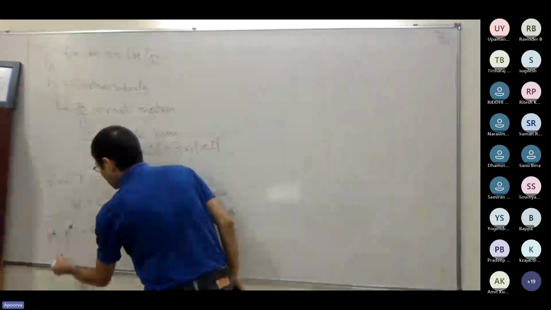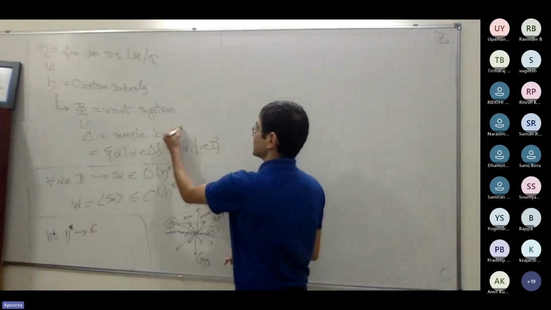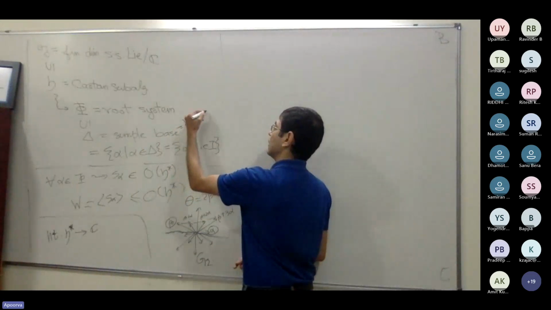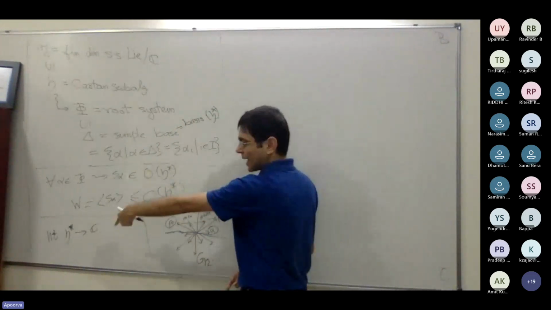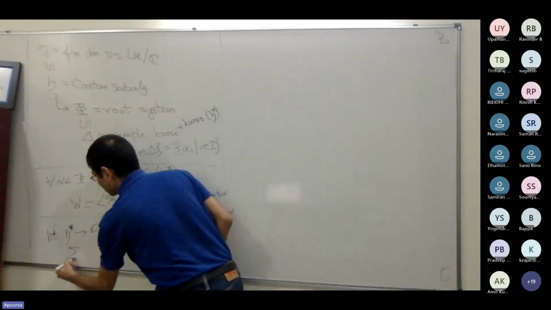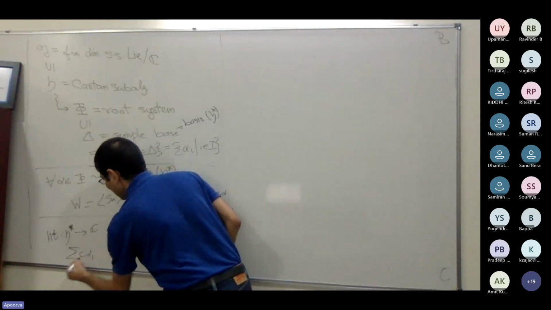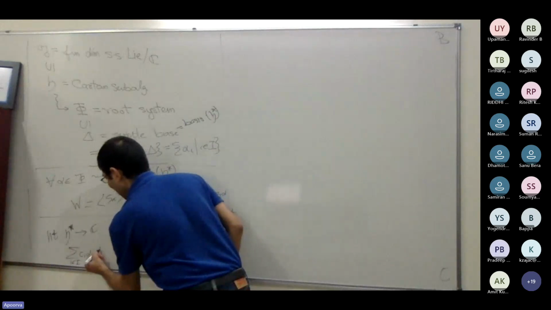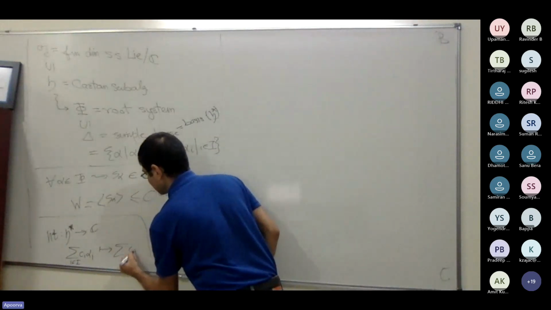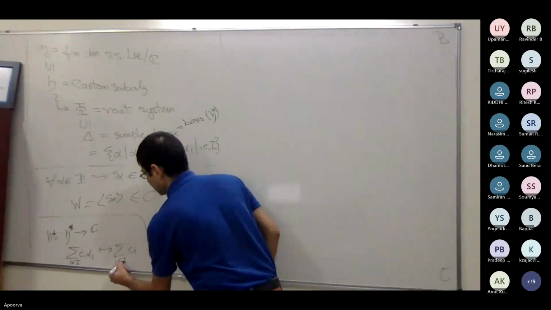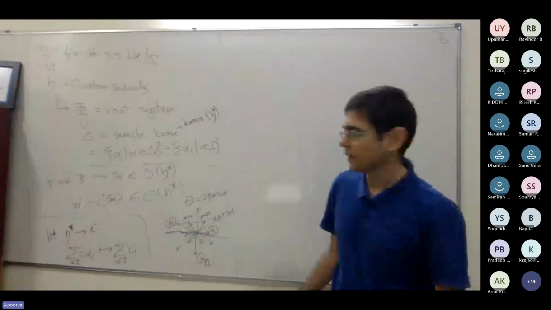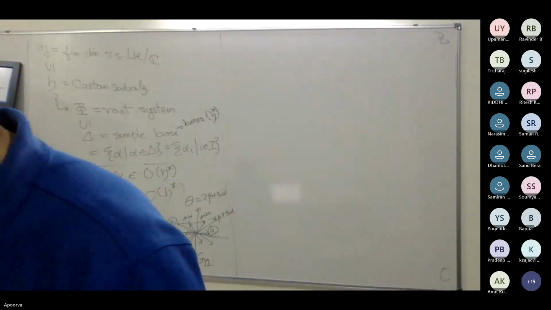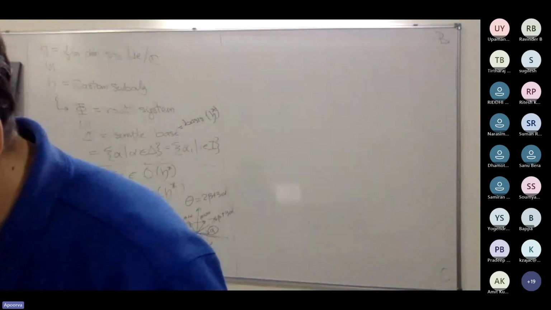Delta is a basis of h*, so any element of h* can be written as the sum of c_i alpha_i, i in I. The height of this element is simply the sum of c_i. That is the definition of the height function. We will need it mostly for integer combinations of roots. So that is the recap.